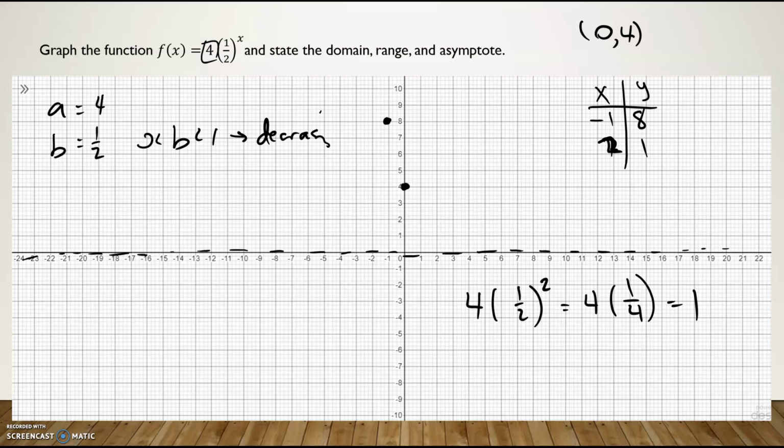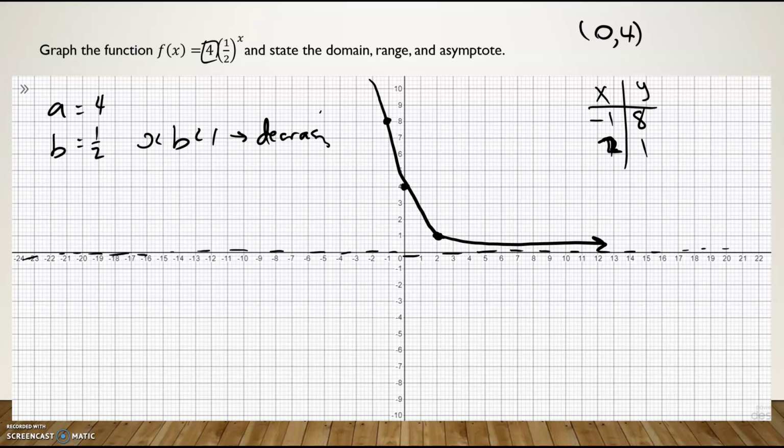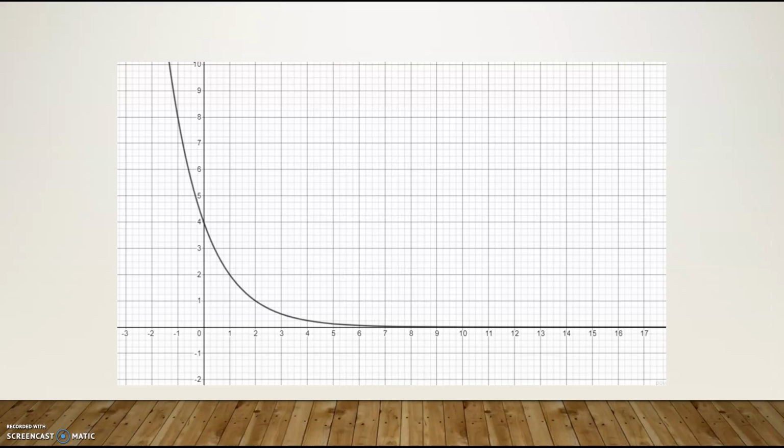Hey, that'll be 1. So 2, 1. So right here. Okay, now we've got a couple more points. So it's coming through here. Hit that point, hit that point, hit that point, and then we have a horizontal asymptote at y equals 0. So it should look something like this right here, and here's our graph.